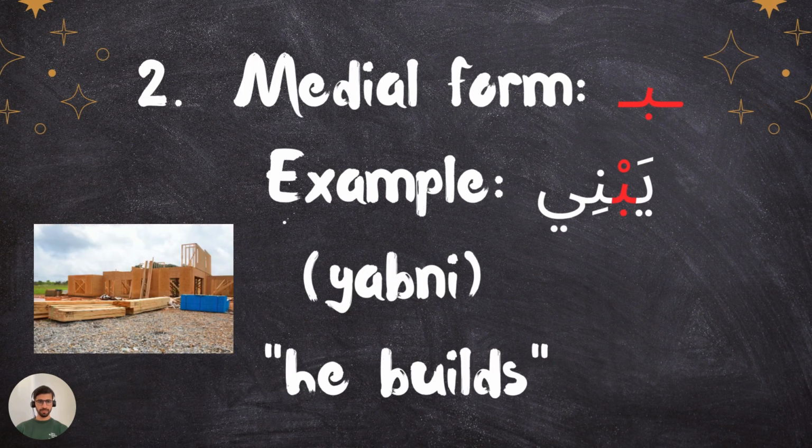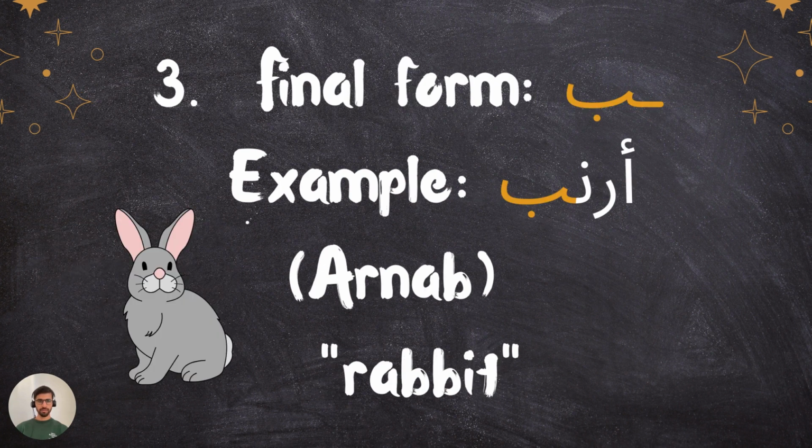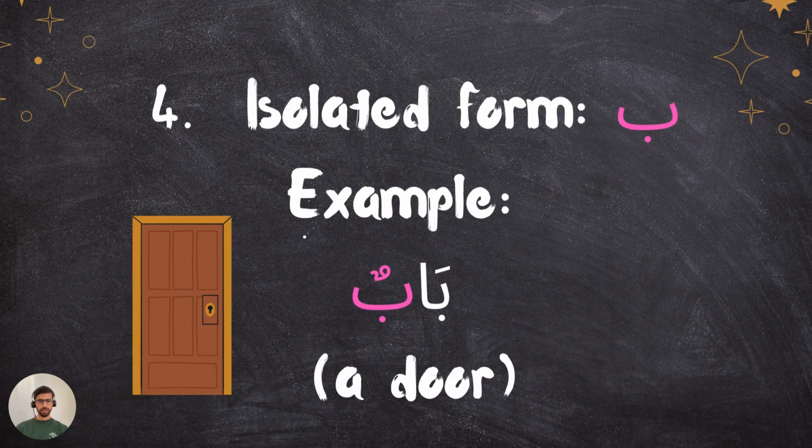The medial form as in Yebni, he builds. The final form as in Arnab, rabbit. While the isolated form for Ba is Bob.